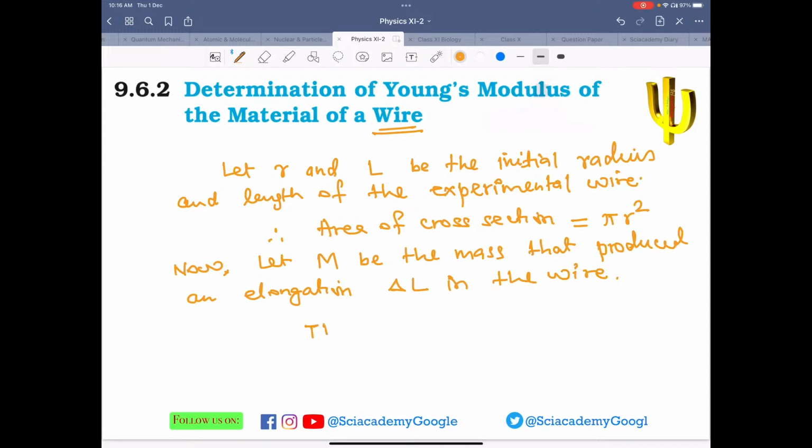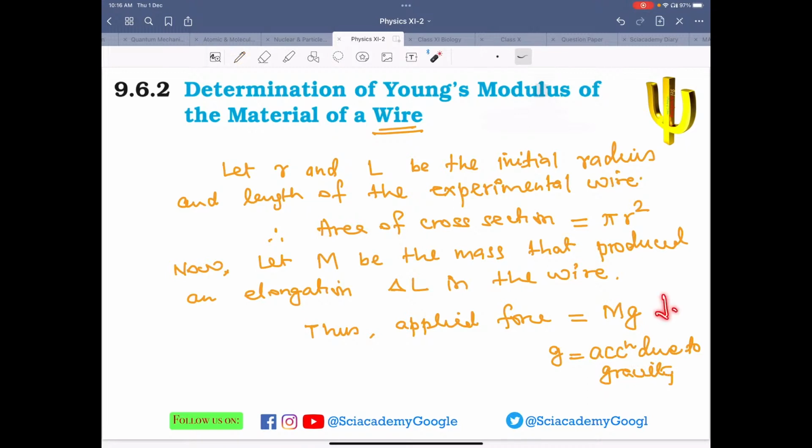Thus, the applied force in this case will be equal to m into g, where g is the acceleration due to gravity, and this applied force acts downwards. Okay, because of this applied force, there is a change in the length of the wire, delta L.